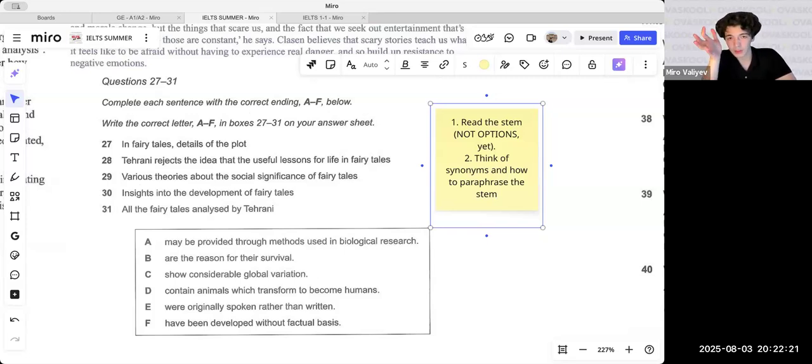So our goal here is to actually understand the meaning of that particular sentence, and then read the passage, and then come back and try to match the options with the stem.